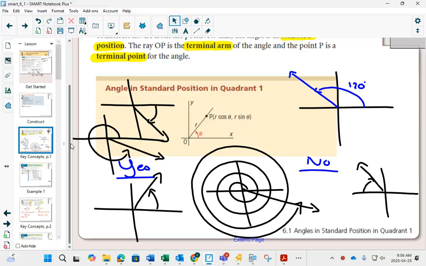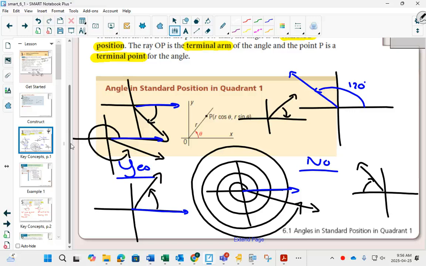Yes or no? Yes. Okay. So what makes something in standard position? What's the rule for standard position? It has to start here, right? I should have done one more like this, maybe.